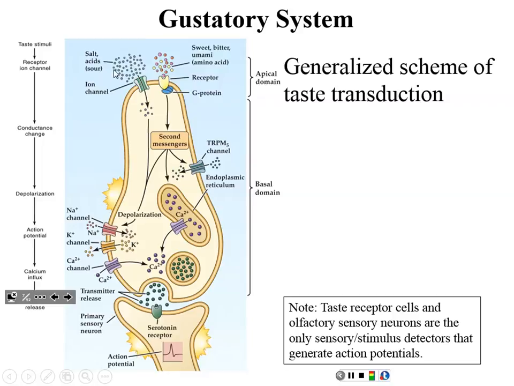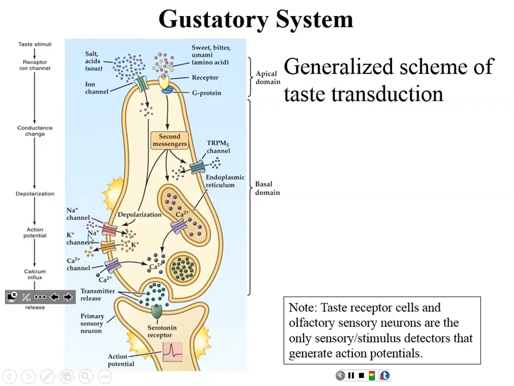So either salt or acid binds to the ion receptor, it opens and ions flow into the cell, or they bind to the GPCR, which activates a G protein that in turn activates second messengers that are going to induce the release of calcium from the endoplasmic reticulum, or that they are going to induce a depolarization of the cell.